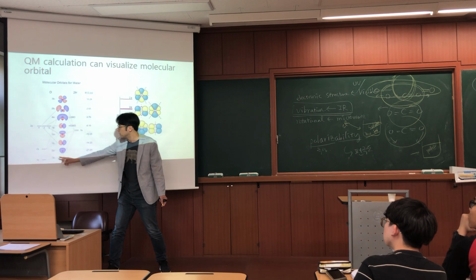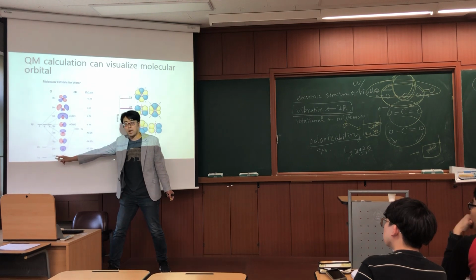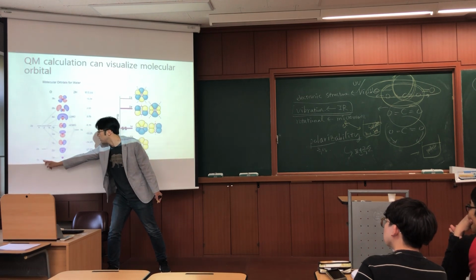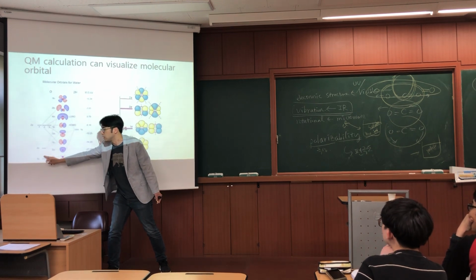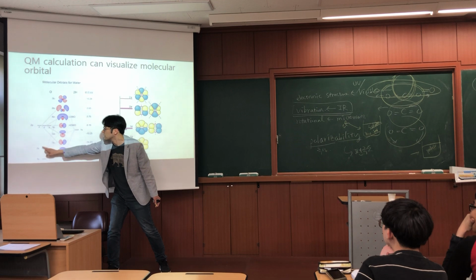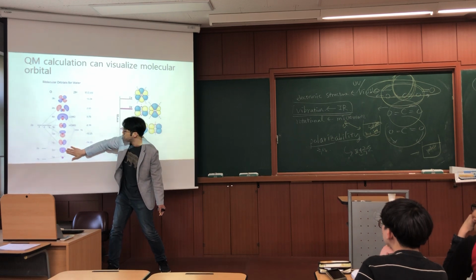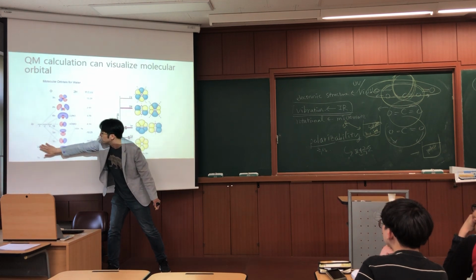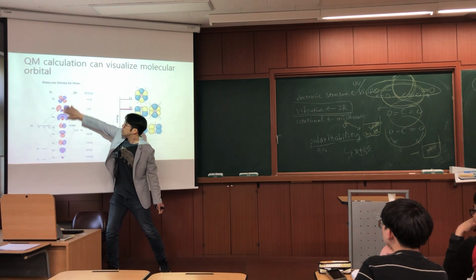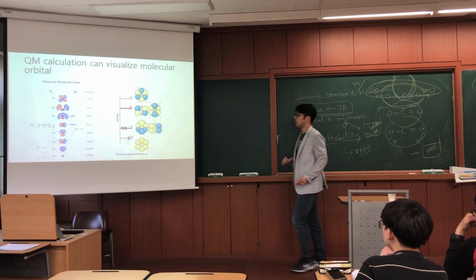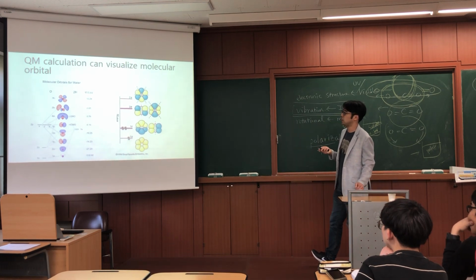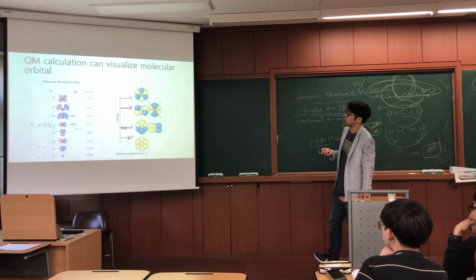And if this one is filled, because of Pauli's exclusion principle, only 2 electrons are allowed in this orbital, right? So after this is filled, the next electrons will fill this orbital. And if 2 are placed here, additional, higher energy orbitals will be filled with electrons. We're going to see these using the Gaussian program.